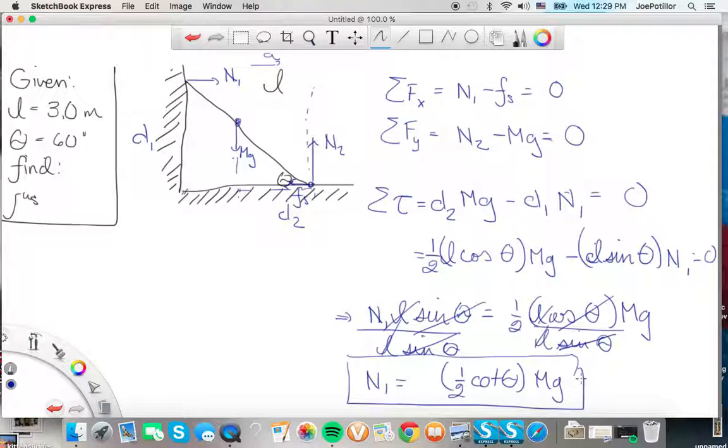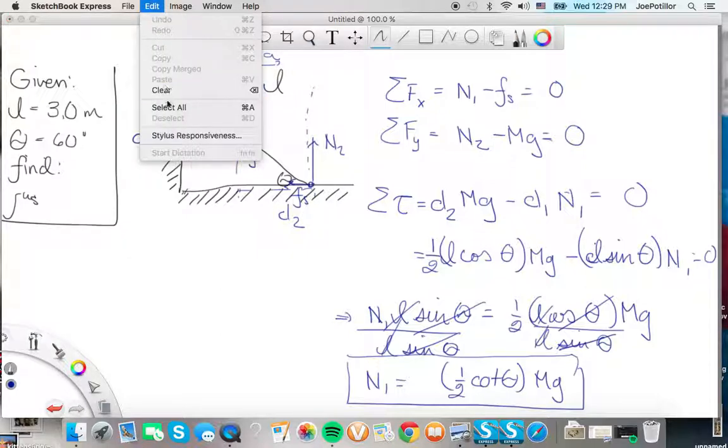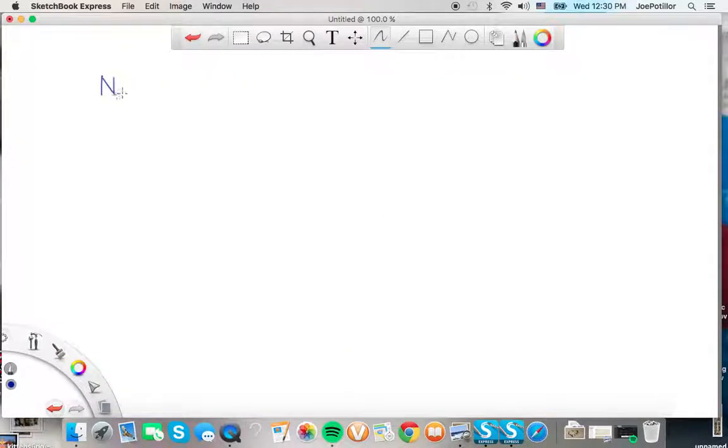I already know that the friction force is the coefficient times normal 2. I know that normal 1 is equal to the friction force. I know that normal 2 is equal to m times g. Okay. Normal 1 is equal to 1/2 cotangent of the angle theta multiplied by mass times gravity. Weight of the ladder, basically.